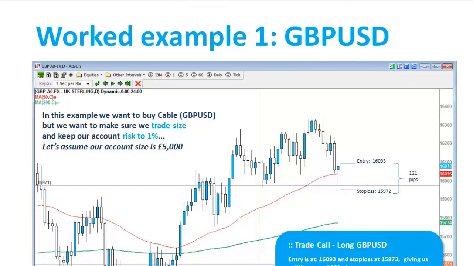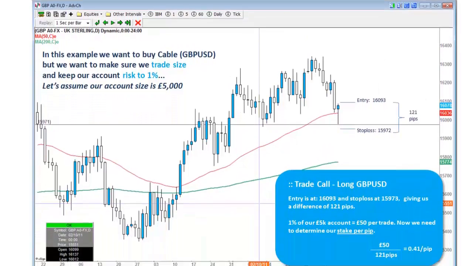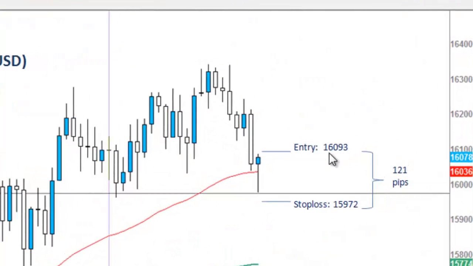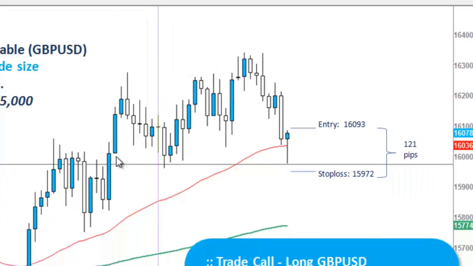So let's take pound dollar, affectionately known as cable. In this example, we've got an entry at 1.6093, just above the high of this low test bar. We'll discuss low test bars a little bit later on in the program. And we've got a stop loss at 1.5972. We've got a difference of 121 pips between our entry and our stop loss, and we've got a £5,000 account.